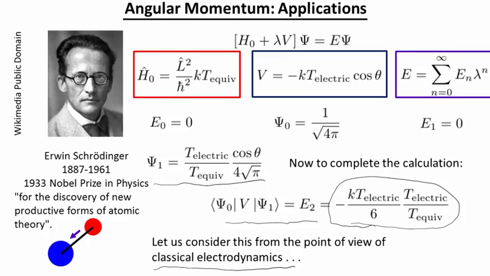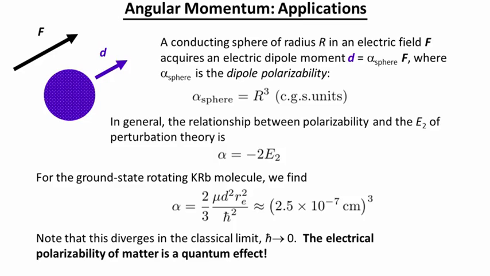So in electrostatics, you learn about the properties of material objects when they're exposed to electric or magnetic fields. And one of the classic problems concerns a conducting sphere of some finite radius, which you put in an electric field, and then that results in the sphere acquiring an electric dipole moment.